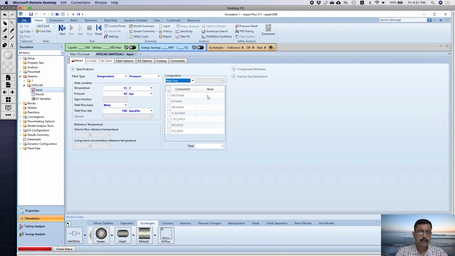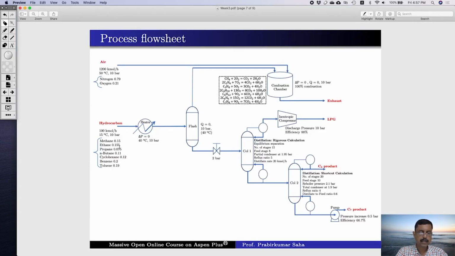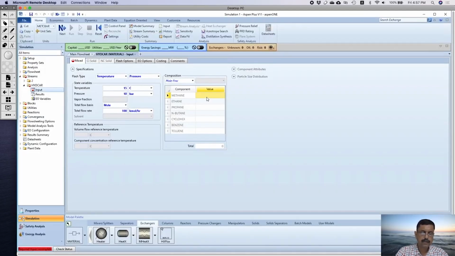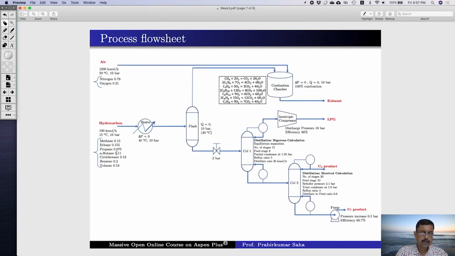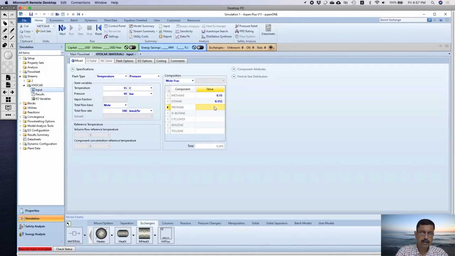Then methane 0.15, ethane 0.155. So as you keep on typing, the total mole fraction is coming over here. Now it should reach 1, okay? So propane 0.075, N-butane 0.11.